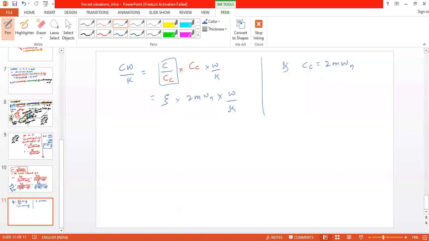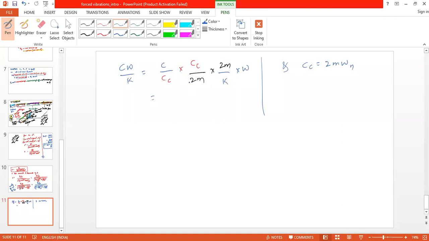Next step. Else we can write this as c divided by Cc, multiplied by Cc, divided by 2m, multiplied by 2m, and that divided by k into omega.